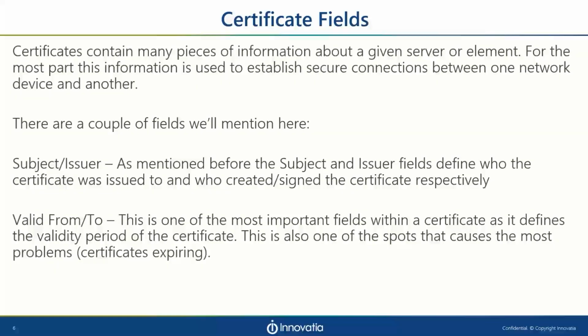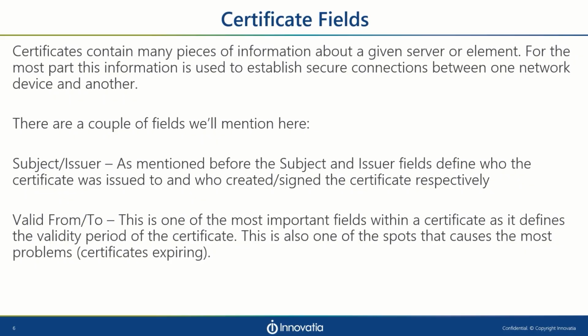The other two fields we'll quickly touch on are the valid from and the valid to fields. These fields control when a particular certificate is going to be valid. The valid from basically means that at any point before the date and time listed in the valid from field, the certificate is not valid. And similarly, when we look at the valid to field, anytime after this date and time, the certificate is no longer valid.